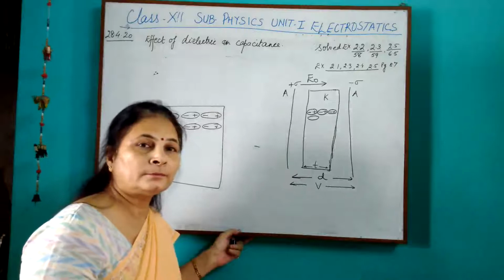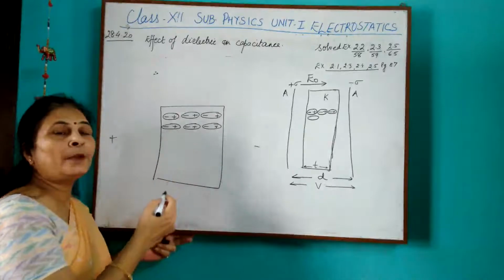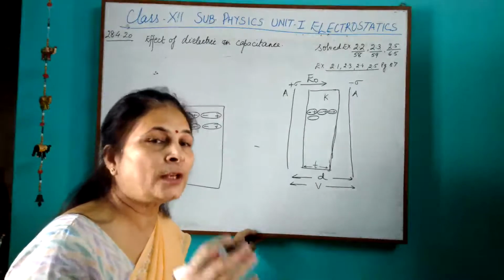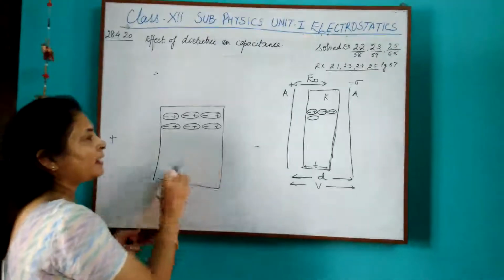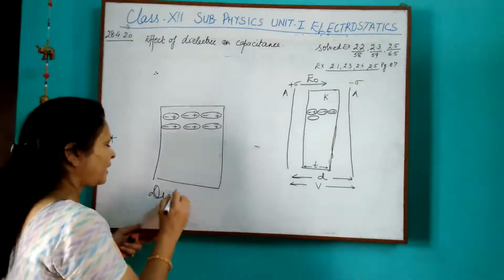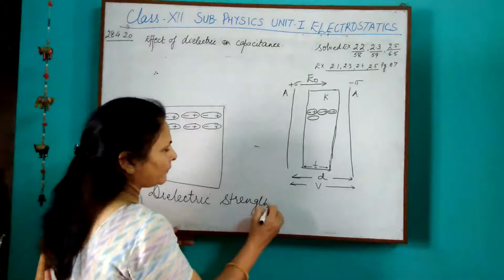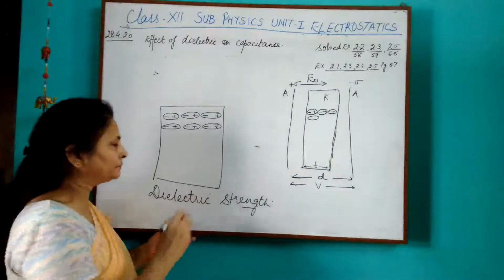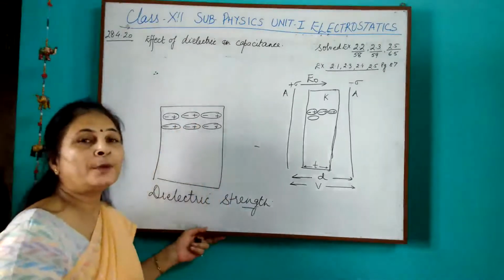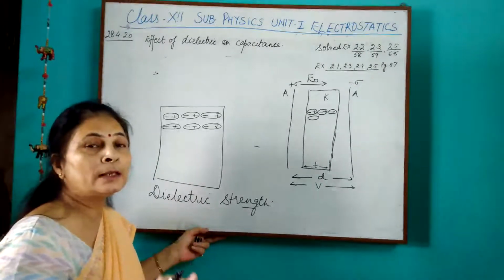A limit will come when, after becoming spherical and oval in shape, they will break down into free electrons. That much electric field which a dielectric can withstand without breakdown is known as the dielectric strength of that material. That is, when its dielectric strength is reached, the atoms will break and the electrons will become free to move, and it will no longer behave as an insulator.